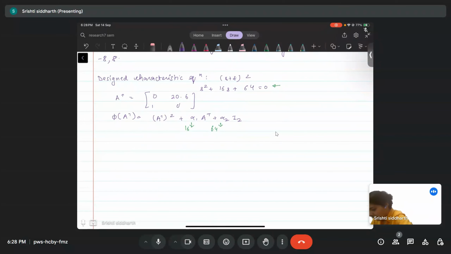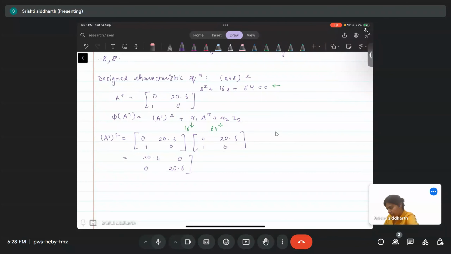Let's compute A transpose squared. We have 20.6, and then we have 0. So again 0 and then 20.6. Let me just check this. Yeah.